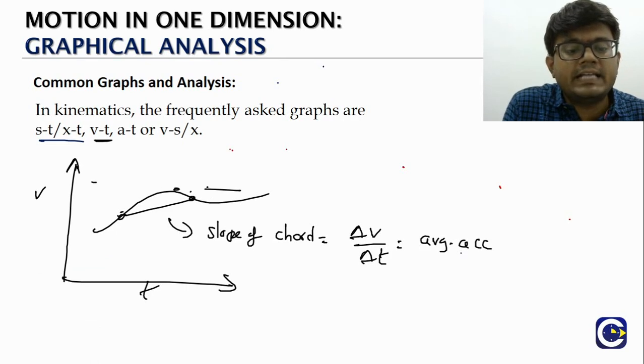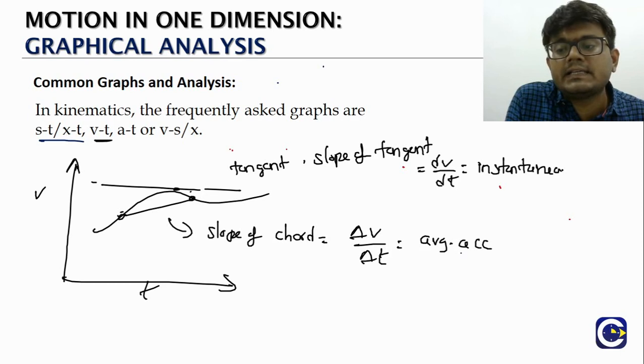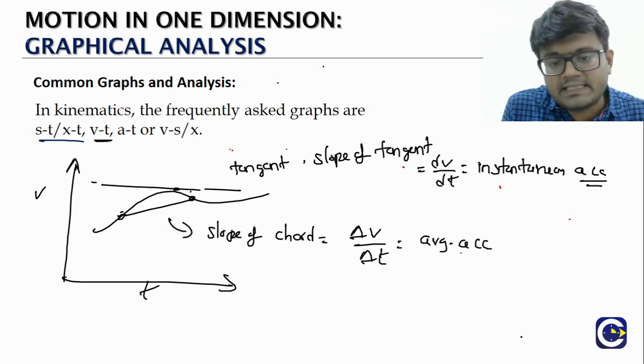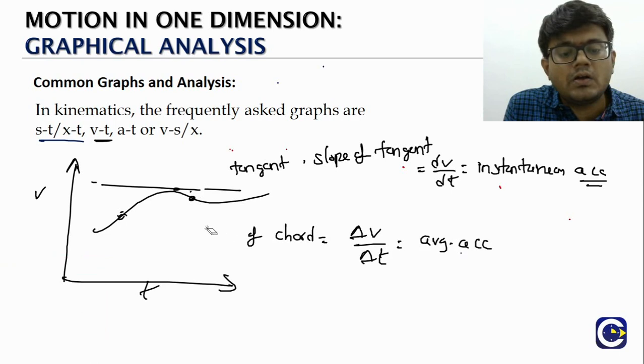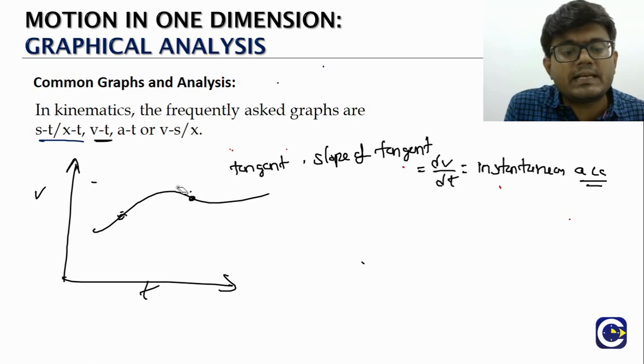Similarly, if we draw a tangent, the slope of the tangent to the curve at a point will be dv by dt. That is our instantaneous acceleration. So for the velocity-time graph, the slope of a chord gives us the average acceleration, and the slope of a tangent gives us the instantaneous acceleration.